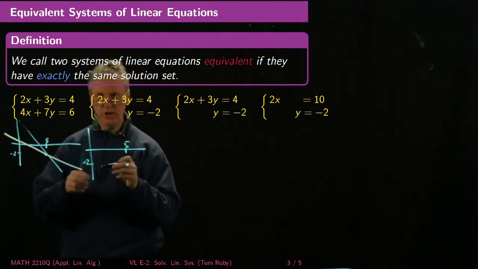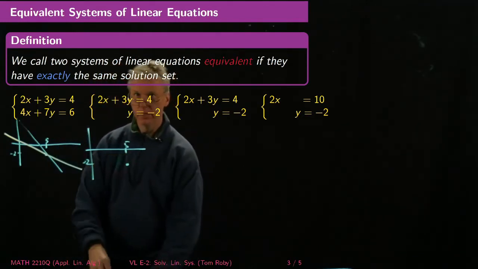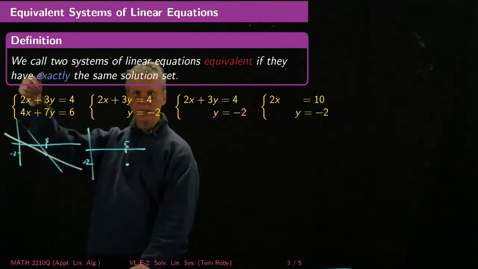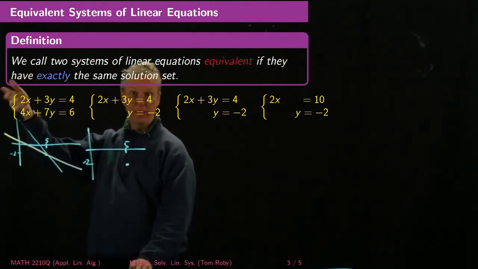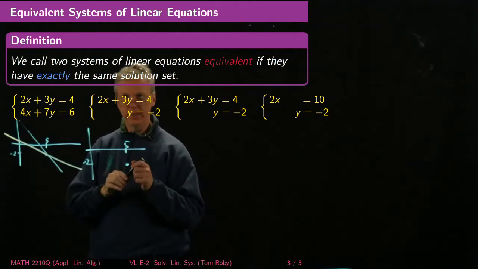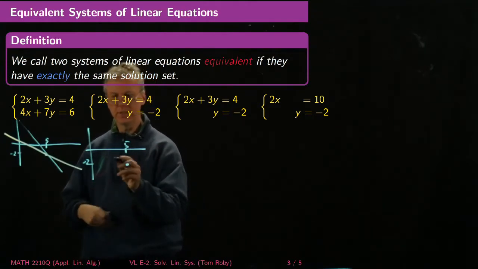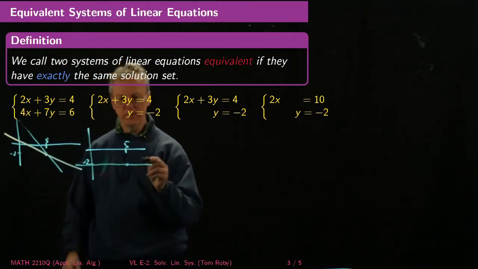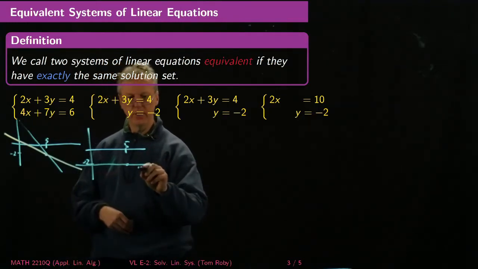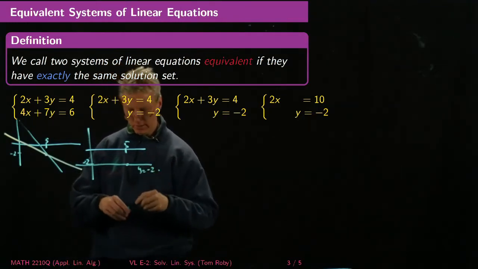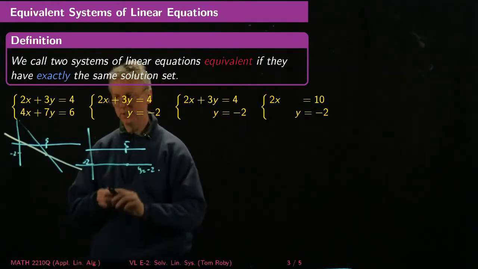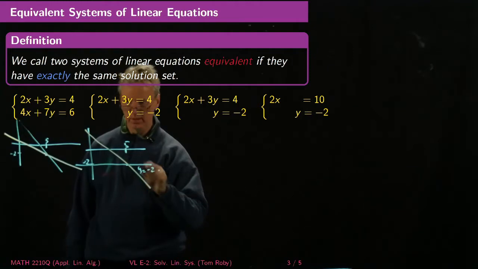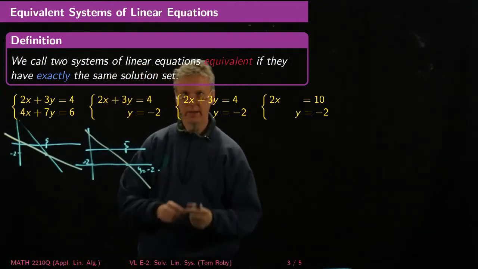That hasn't changed, because when I multiplied one equation by 2 and subtracted it, or multiplied by -2 and added it to the other one, that didn't change the solution set. The solution set is the same, but now notice that one of the equations is y = -2. And the other equation is still slanted on an angle as it was before.